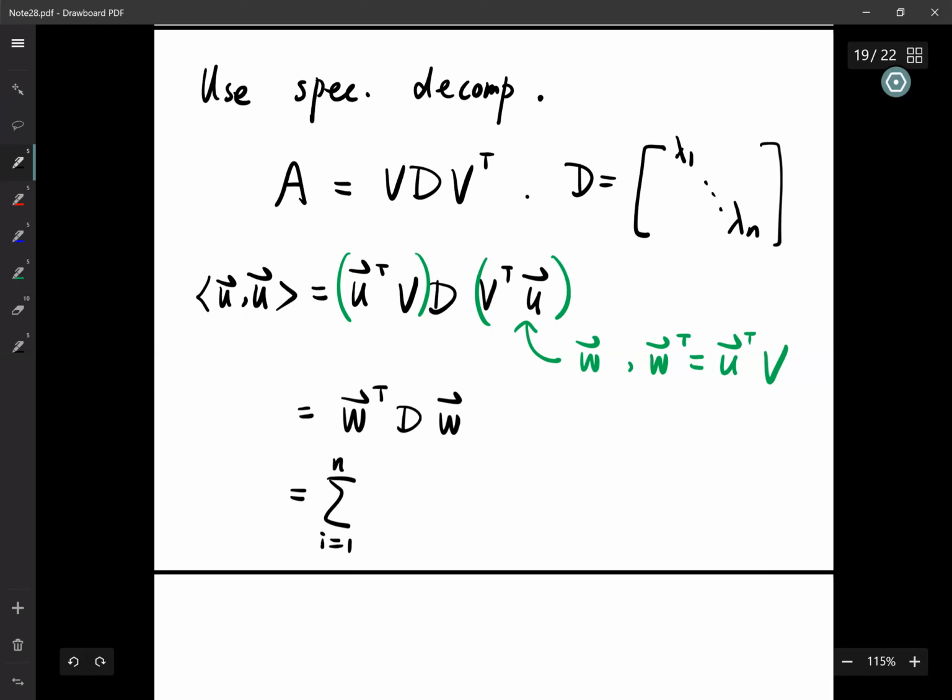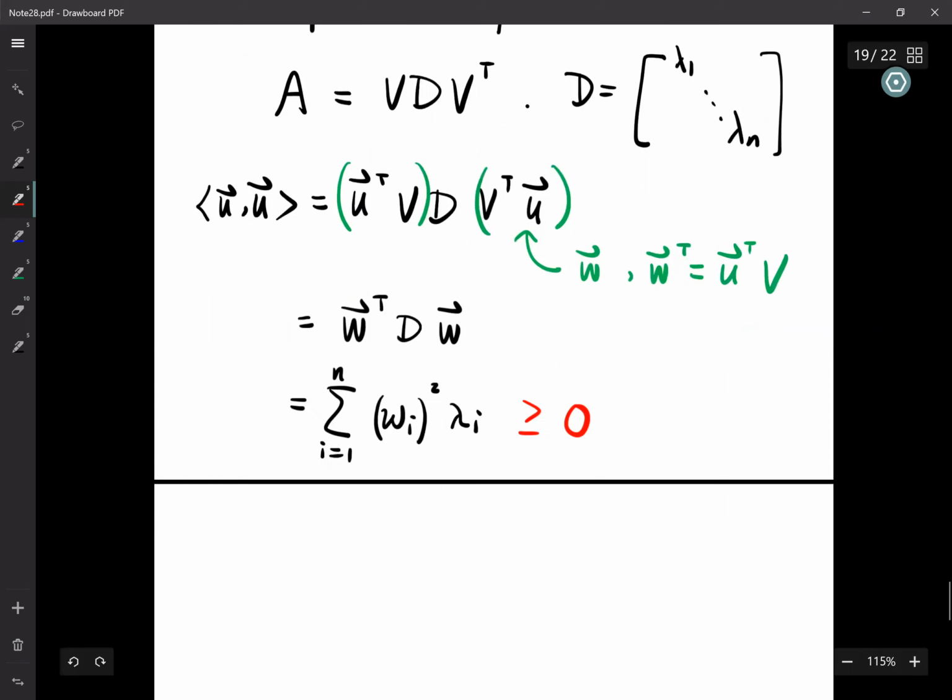This is the sum of W_i squared times lambda_i. I want this to be a non-negative number. W_i squared is already non-negative, so all the lambdas, the eigenvalues, must be non-negative.